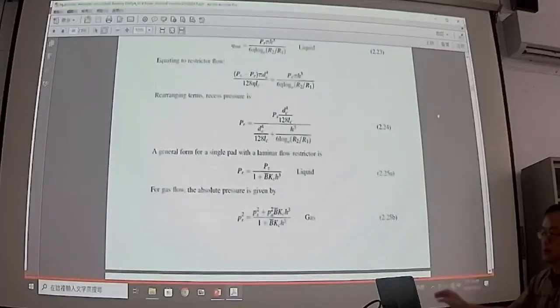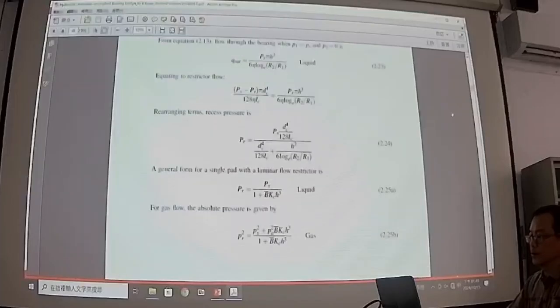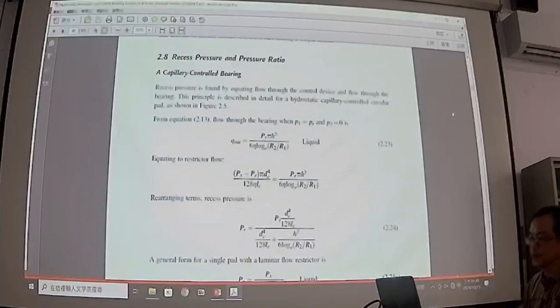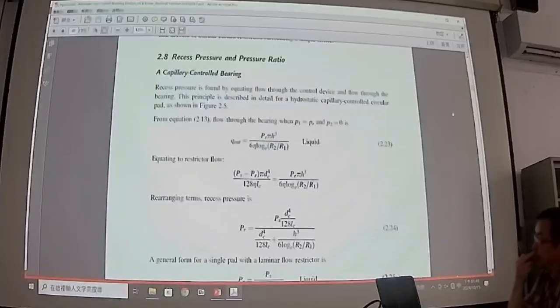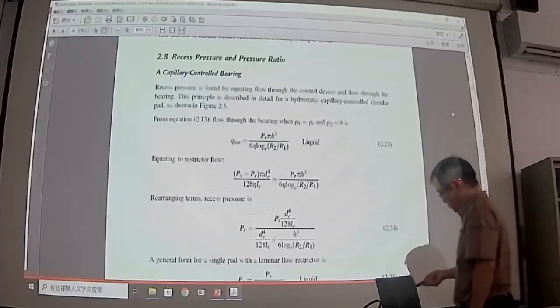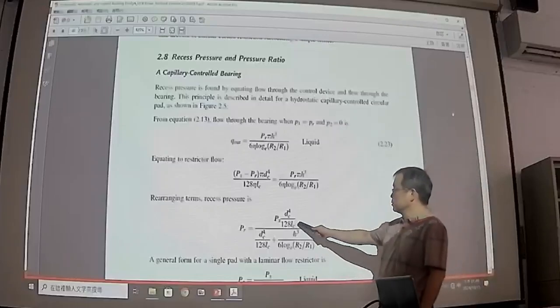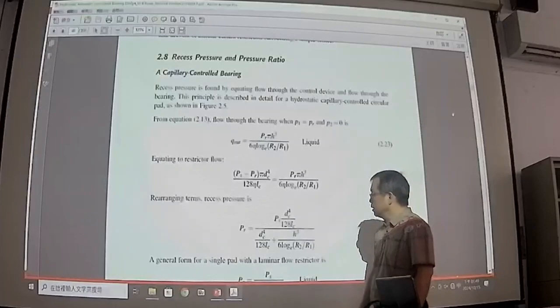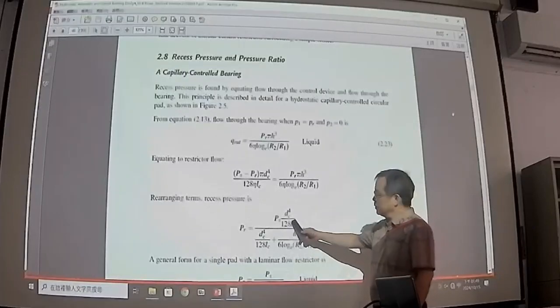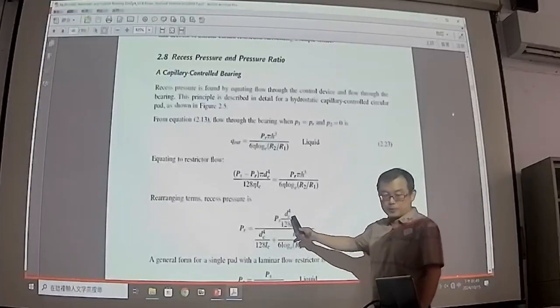Here is the formula you can obtain for the capillary restrictor circular bearing. So you can obtain this PR equal to this one. So this is for the capillary restrictor.